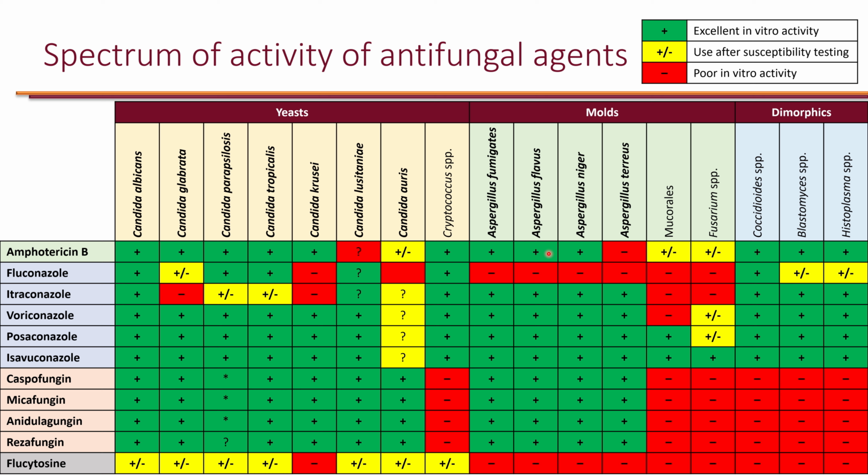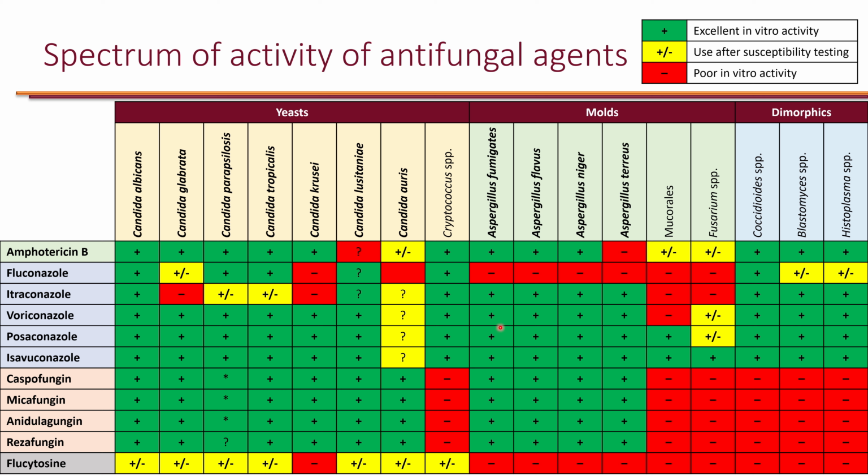So amphotericin B has good activity against most aspergillus, but then it kind of falls short when it comes to some of these other molds. Fluconazole has the worst activity, so that's why we would say fluconazole is a narrower spectrum antifungal agent. Itraconazole has more activity, but again, it's not active against mucorales or fusarium.